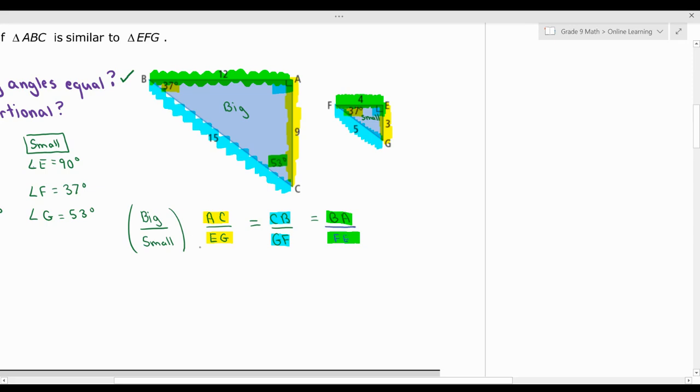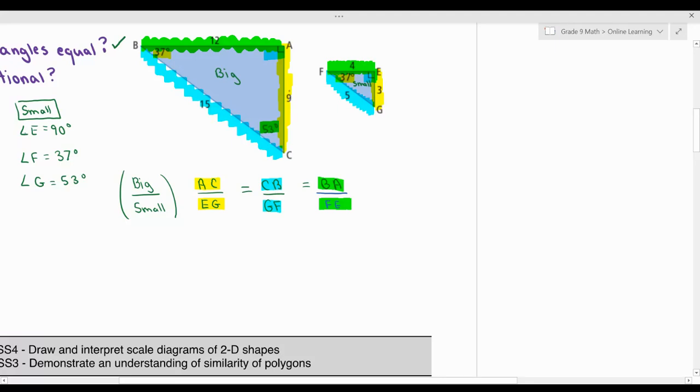Okay, so these sides are connected, these sides are connected, these sides are connected. If it is a similar triangle, when I clean these measurements up, I need to get the same number. Okay, that'll make it proportional. So let's fill in our numbers. From A to C, that has a value of 9, so I can go 9 over EG, which was 3. C to B was 15. We said that connected to GF, so G to F is 5.